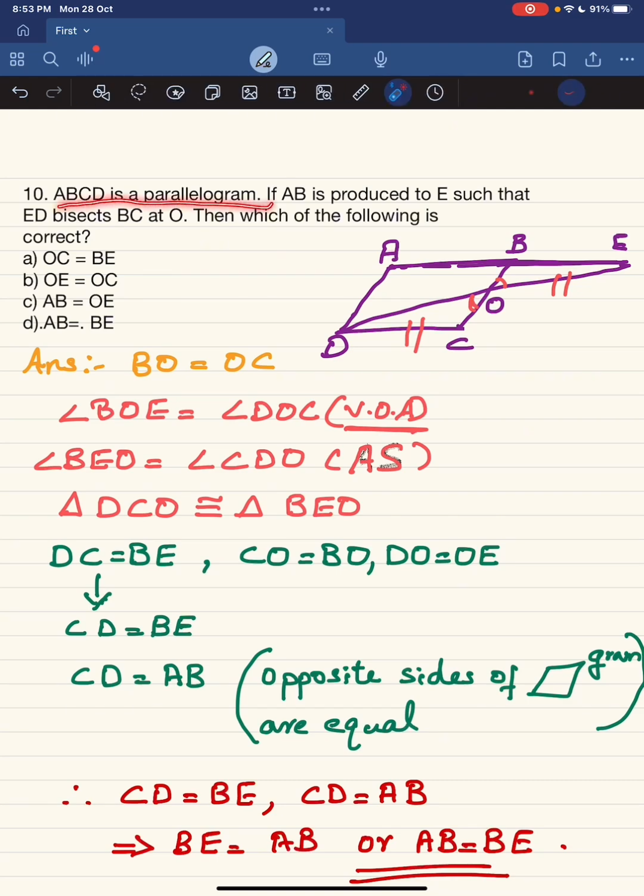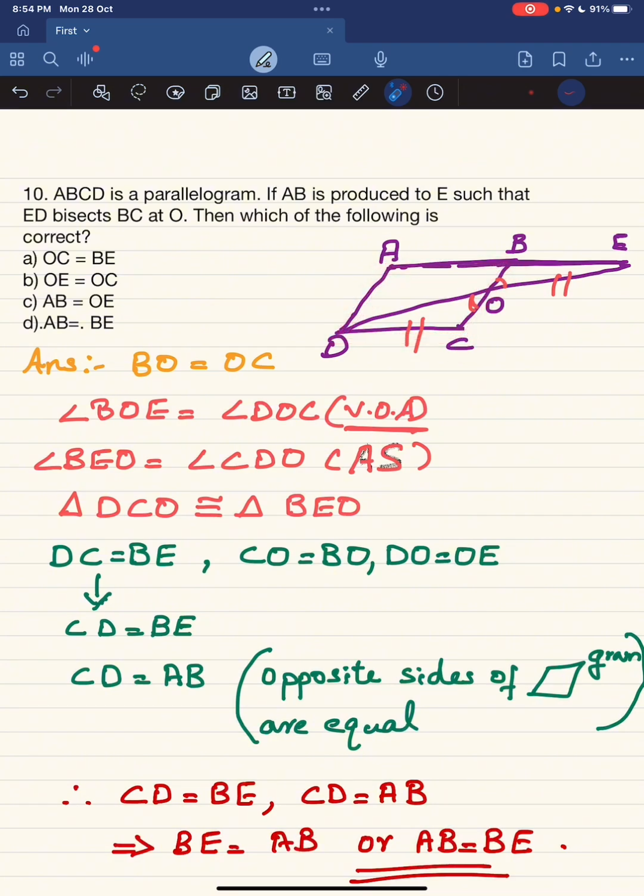ABCD is a parallelogram. If AB is produced to E such that ED bisects BC at O, then which of the following is correct? So we are given ABCD is a parallelogram. What is a parallelogram? Its opposite sides are parallel and equal, right?